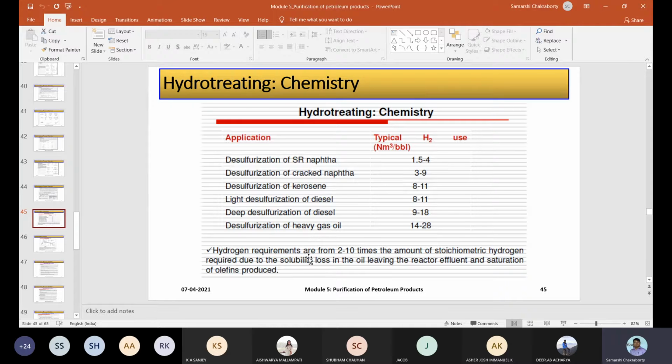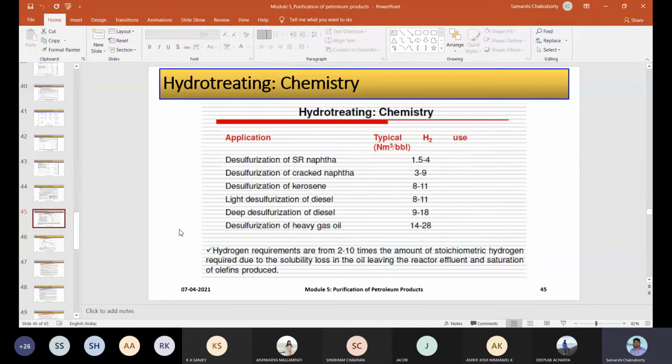So the hydrogen requirement ranges between 2 to 10 times the amount of the stoichiometric hydrogen required, due to the solubility loss in the oil leaving the effluent and the saturation of olefins that are produced. With this chart we can pretty much understand.